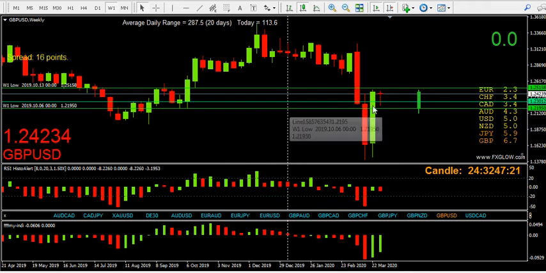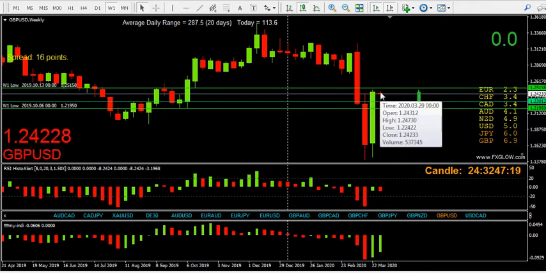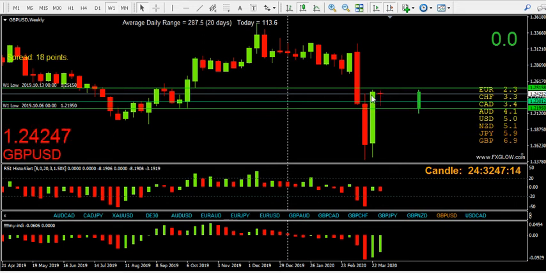We've got, I can put a high on the weekly current candle because that's obviously forced the price down, and I can put a high on the previous candle.